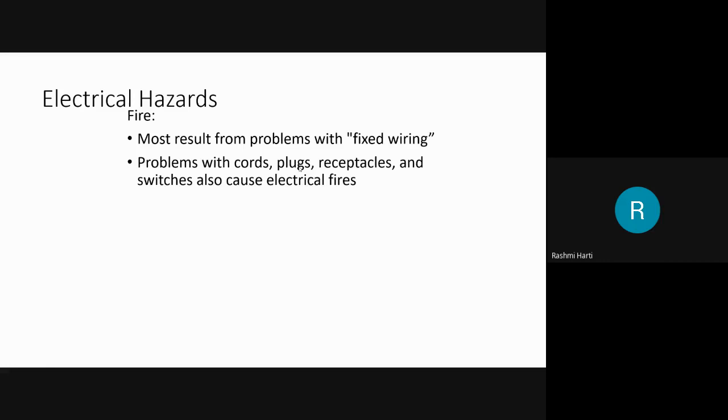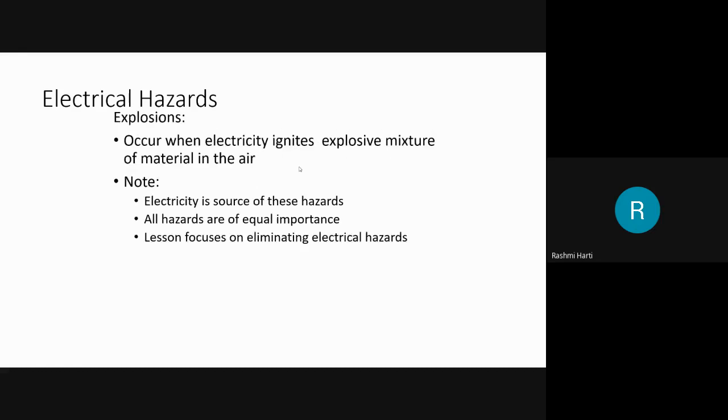Problems with cords, plugs, receptacles, and switches also cause electrical fires, such as faulty extension cords or appliance cords. Then you have the next electrical hazard, that is explosion. It occurs when electricity ignites explosive mixtures of material in the air.